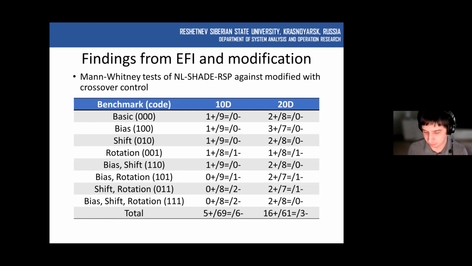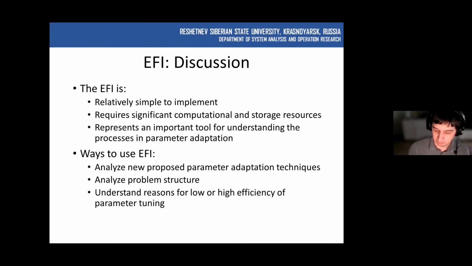Yes, we have some very stupid strategy that we made just by looking at the graph, and it works. So what this means is that we got some important knowledge about how we should adapt the parameters just by looking at the pictures.